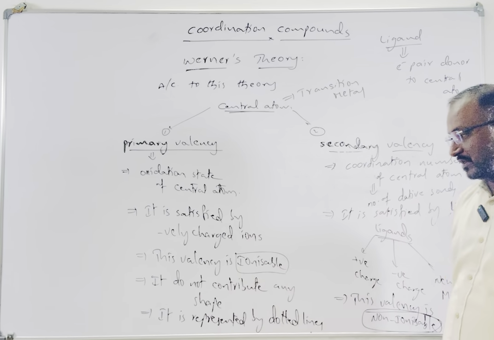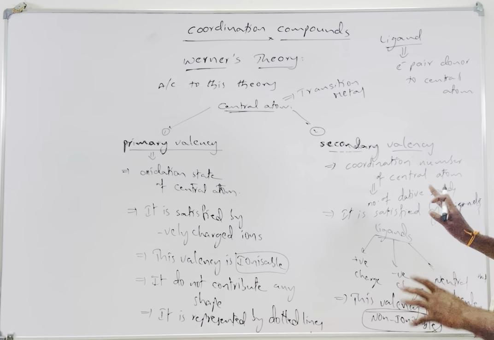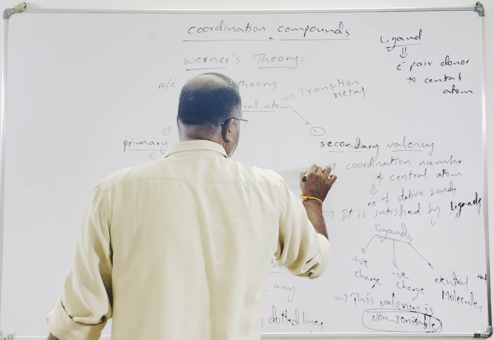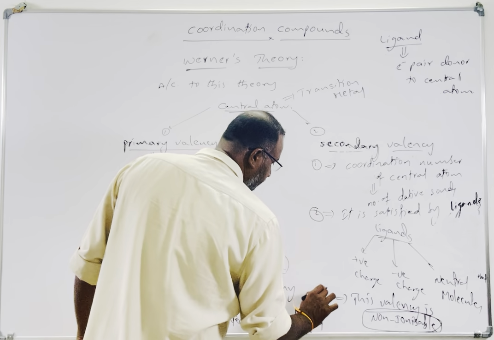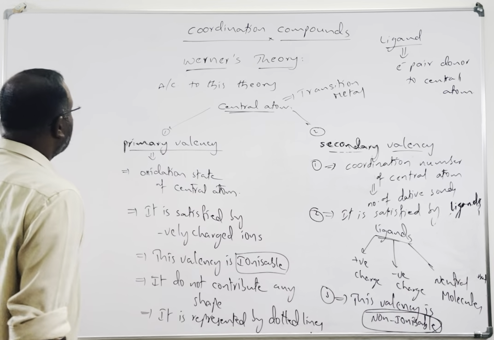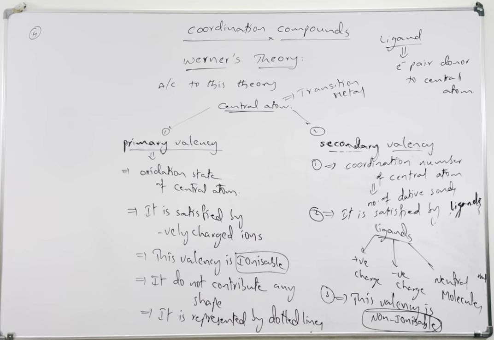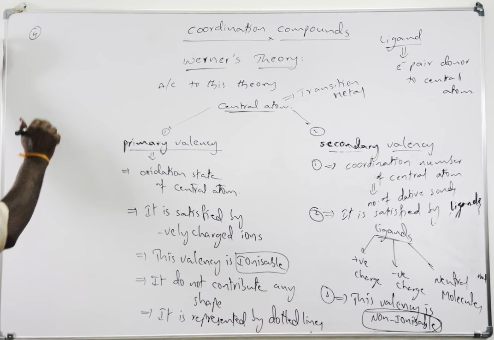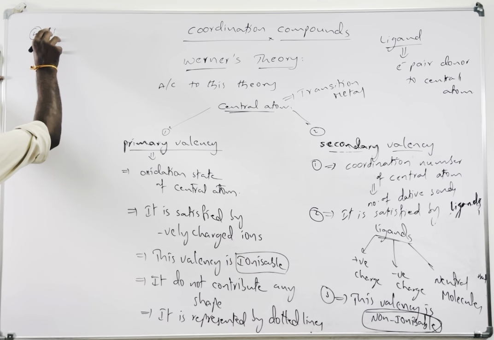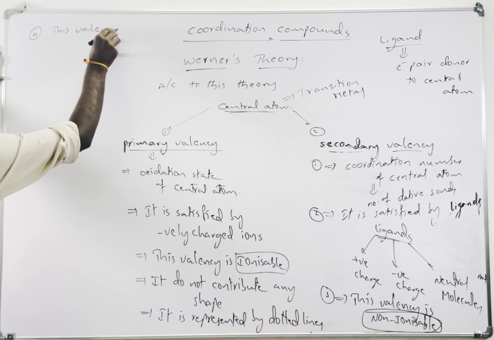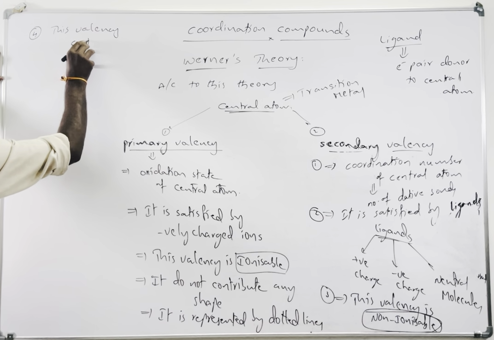And this secondary valency contributes, here I will write, this is the first point, second point, third point, and the fourth point for secondary valency I am writing here because there is no space there. This valency contributes shape.